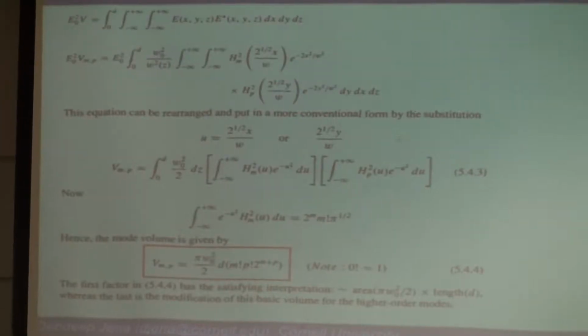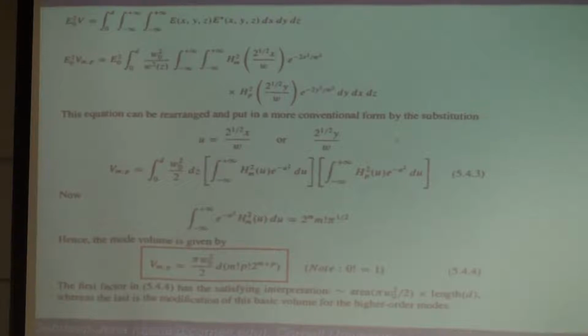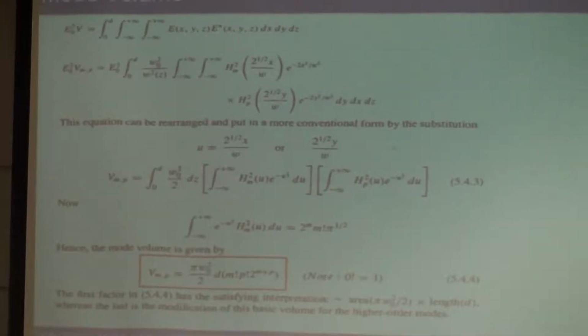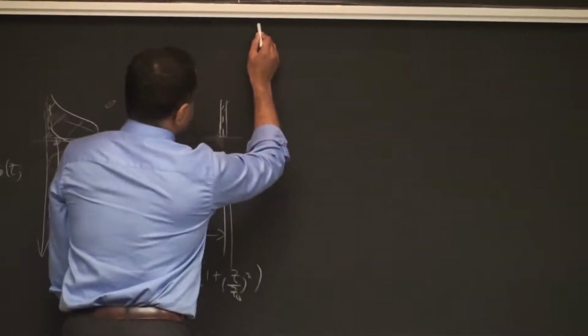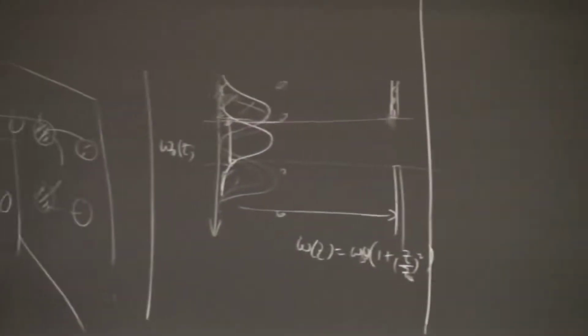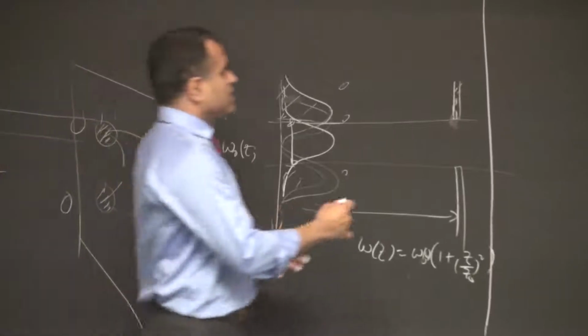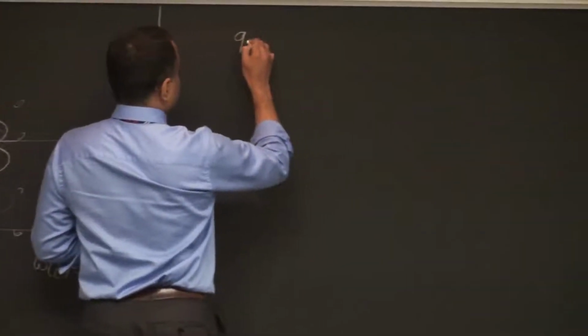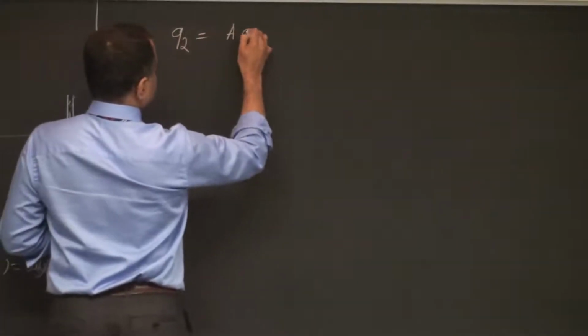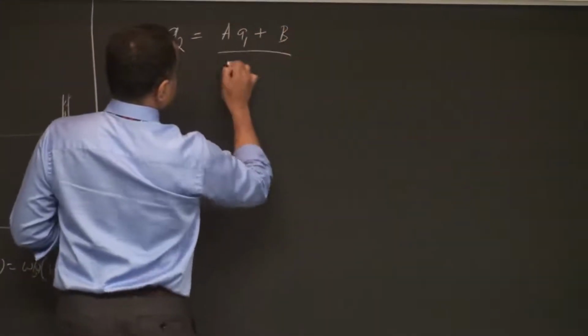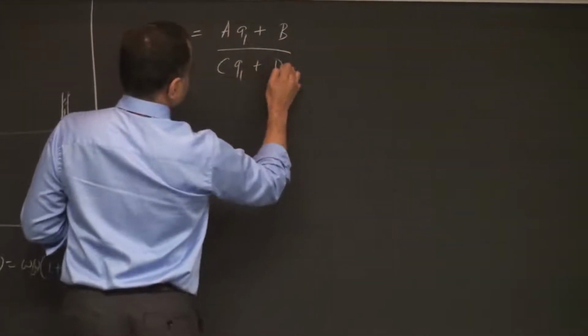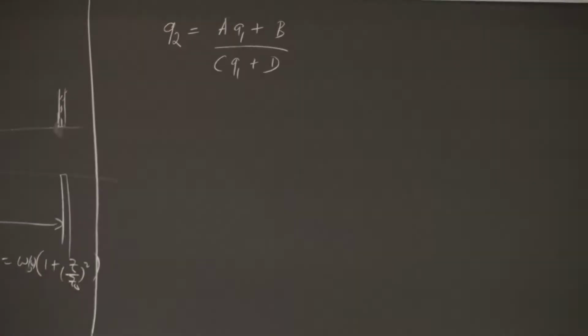This is related to the ABCD parameters you talked about, and the cavity. One of the most beautiful results of laser physics, at least, is that for any Gaussian beam, Q at point 2 is equal to A Q at point 1 plus B over C Q at point 1 plus D, right? This is a very nice result.